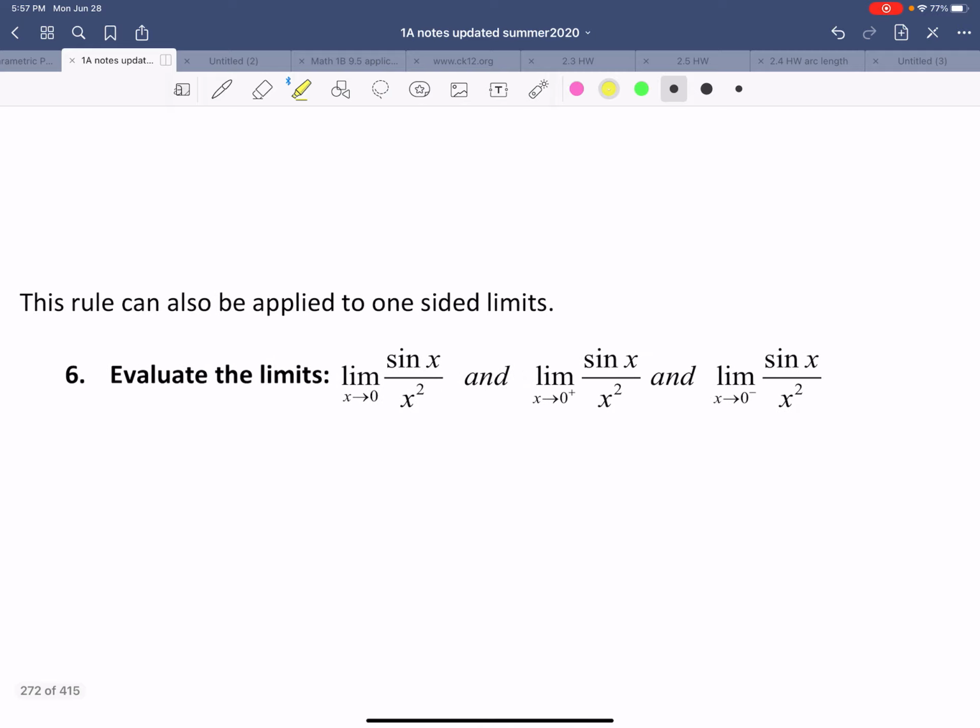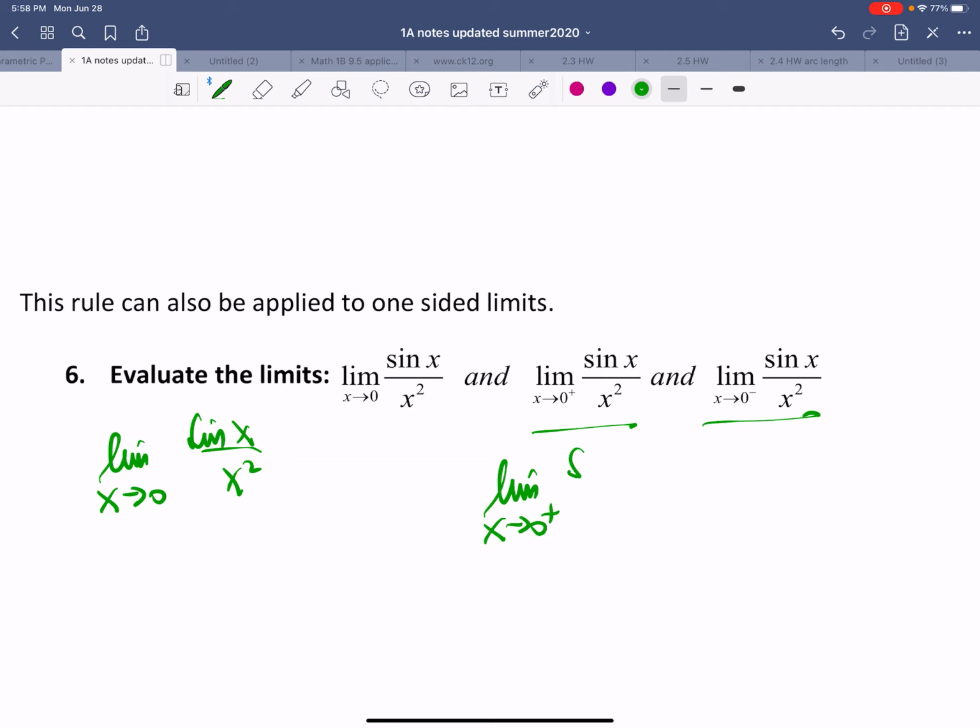Okay, evaluate this limit. Now we're also looking at one-sided limits. We can also use L'Hopital's rule for one-sided limits. Limit as x approaches 0 of sine x over x squared. Let's first see the one-sided limit as x approaches 0 from the right-hand side.